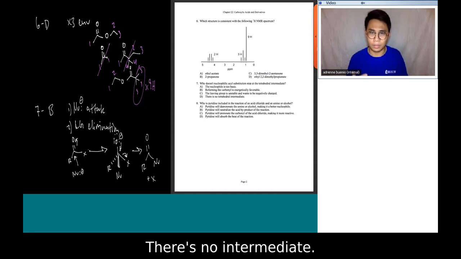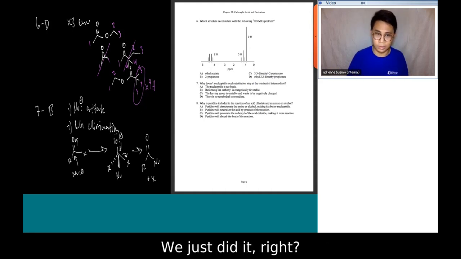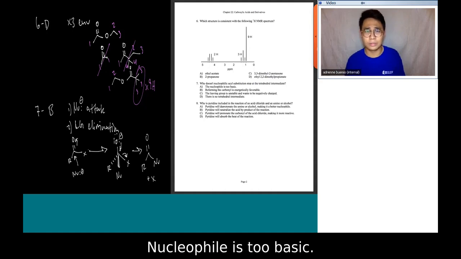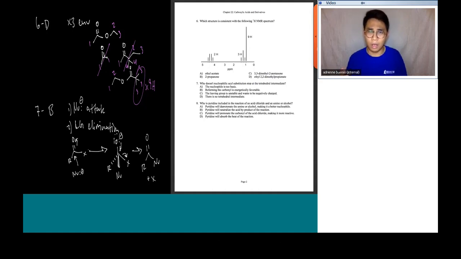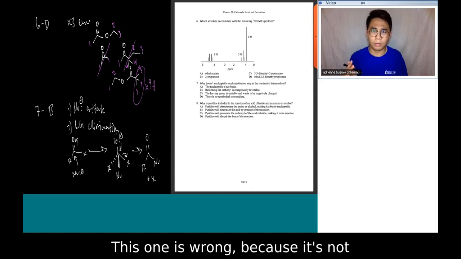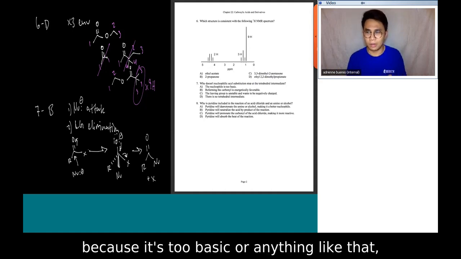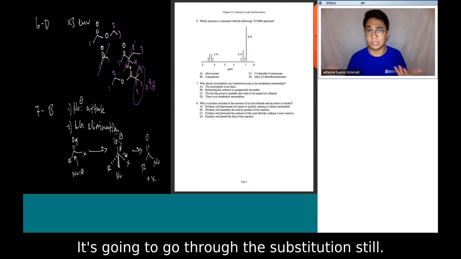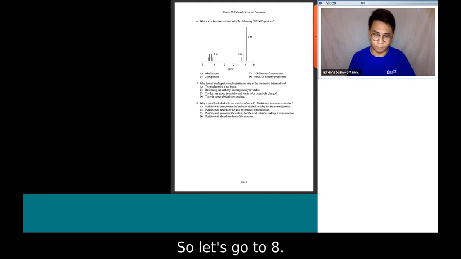There is an intermediate, we just did it, so C and D are for sure wrong. Nucleophile is too basic is wrong, not because it's too basic or anything like that, but because it doesn't matter. It's going to go through the substitution still. So let's go to 8.